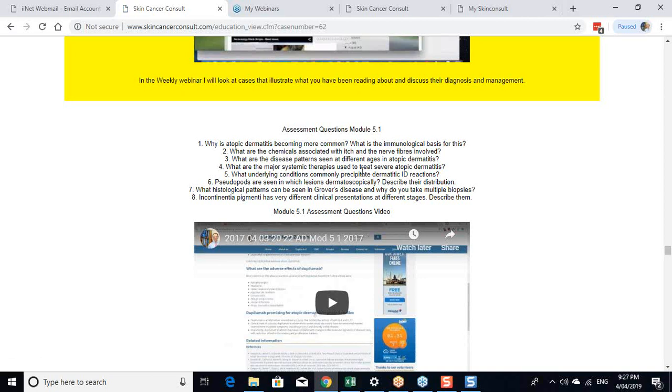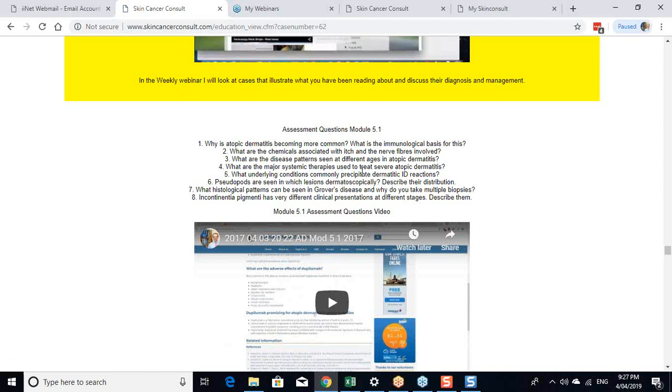You often have to do 2, maybe even 3 biopsies to pick that up, because often you'll just pick up a spongiotic pattern. But that acantholysis is the feature that will allow the pathologist to confidently make a diagnosis of Grover's.